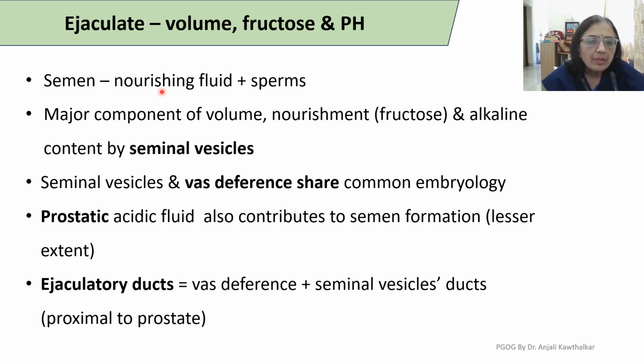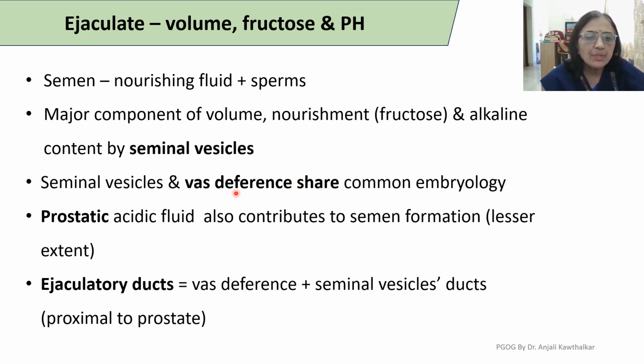Now, semen is having nourishing fluid and sperms. The major component of volume, the nourishment, that is fructose and alkaline content, is provided by the seminal vesicles. We have already seen in the slide the anatomy of the male reproductive system. Seminal vesicles and vas deferens share common embryology.